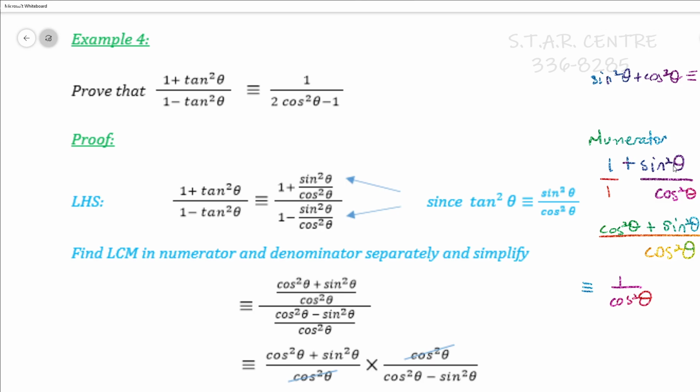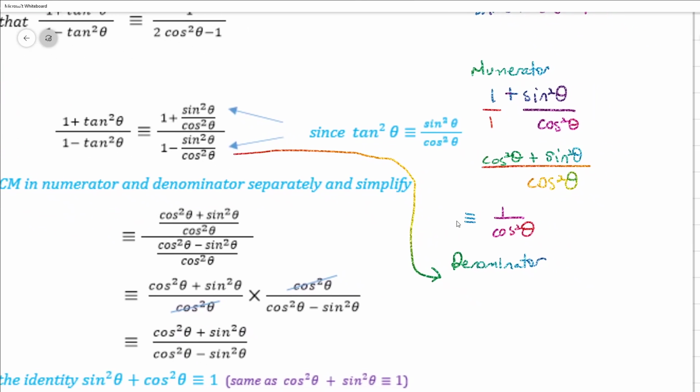Now if I look at the denominator here, so I'm just taking this term and bringing it to the side. So our denominator then we have 1 minus sine squared theta over cos squared theta.